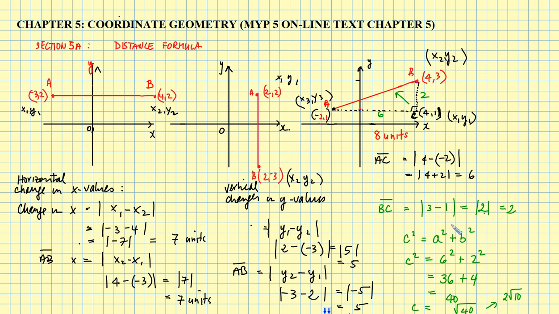So we know that it's 2 root 10, or it'll be 6 point something, and I'm not going to look that up right now. So we have figured out, using the Pythagorean theorem, what the diagonal distance of AB is going to be. And therefore AB is going to equal 2 root 10.